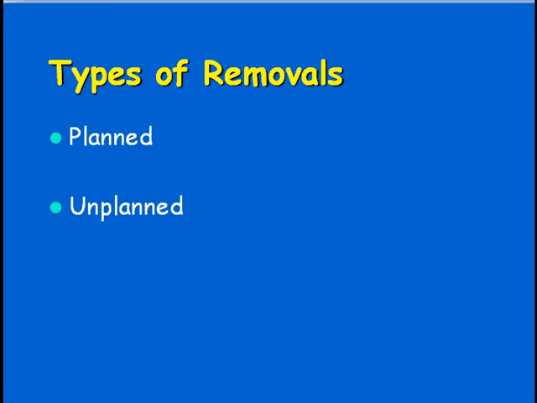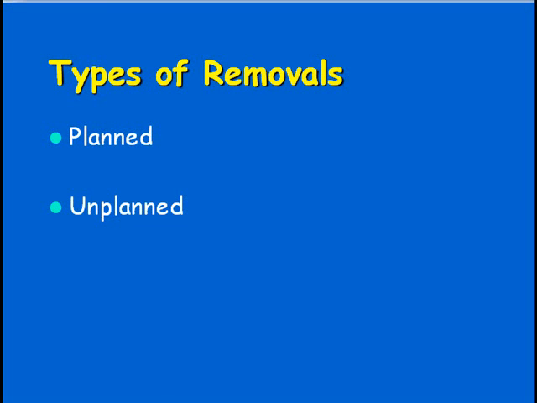Perhaps they don't show up for several appointments in a row. You don't see them for a couple months, and you still collect data on their targets. So that would be an unplanned removal.